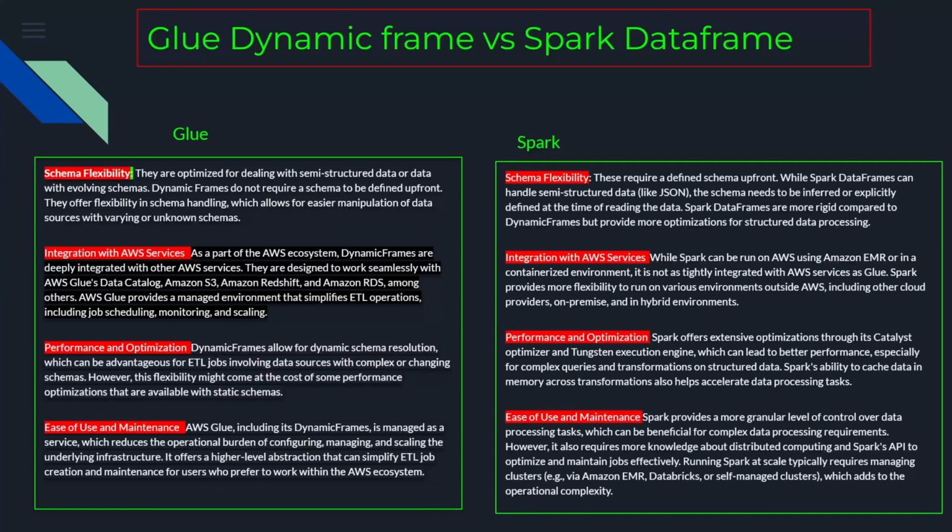We call it schema drift. This flexibility might come at the cost of some performance optimization, but it is very suitable where some datasets have schema drift, or the schema keeps evolving over a period of time.